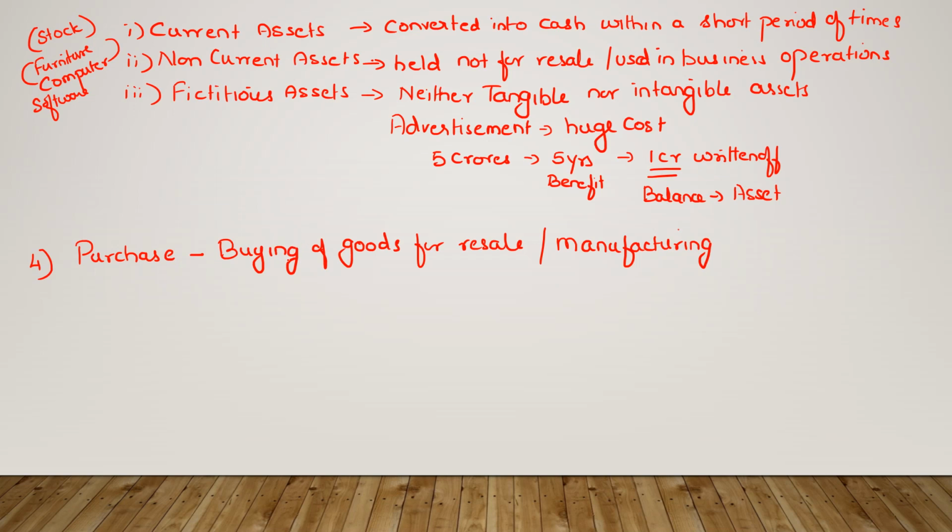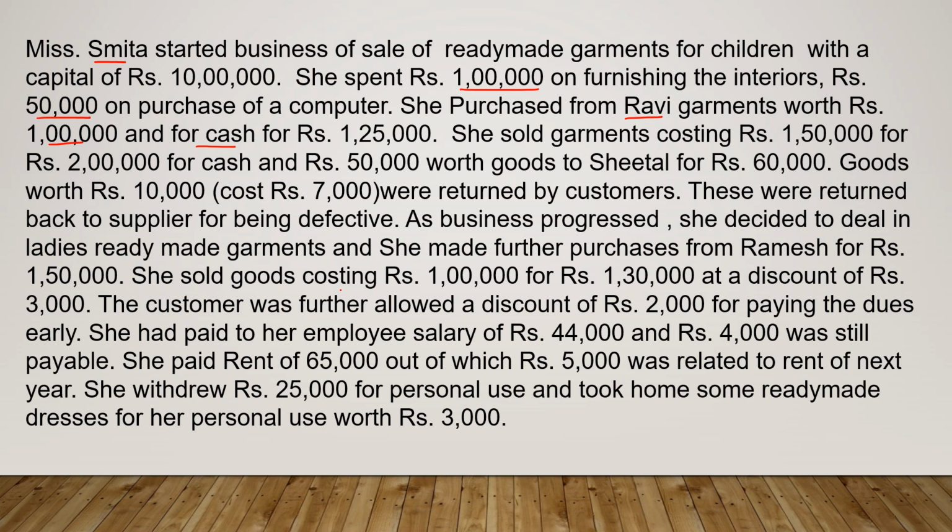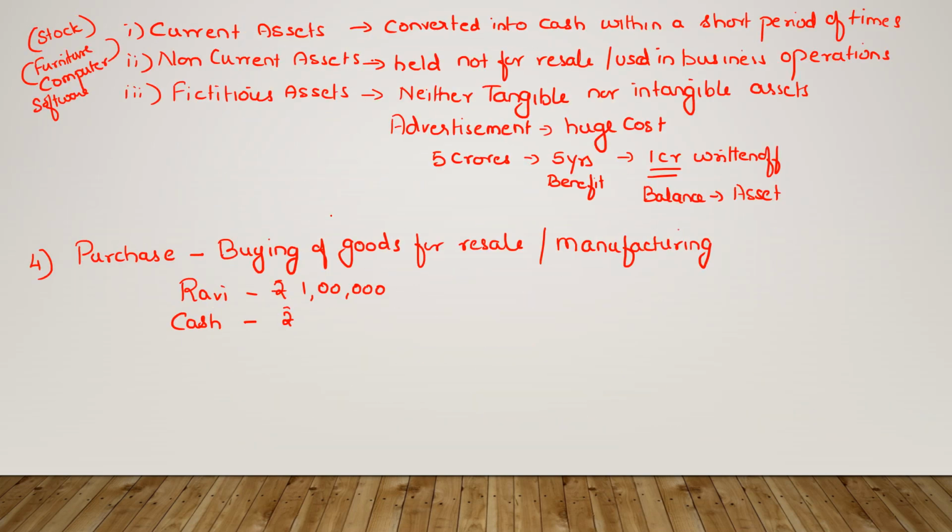Now we'll take our current example of Smitha. She has purchased from Ravi goods worth 1 lakh, and she has also purchased again, but by paying cash, rupees 1,25,000.